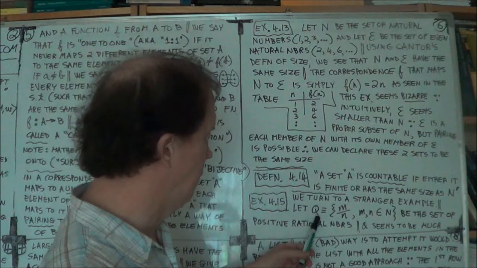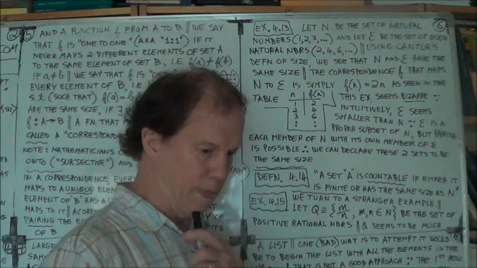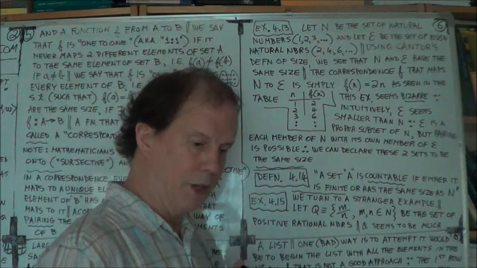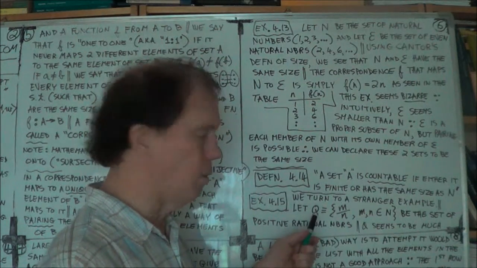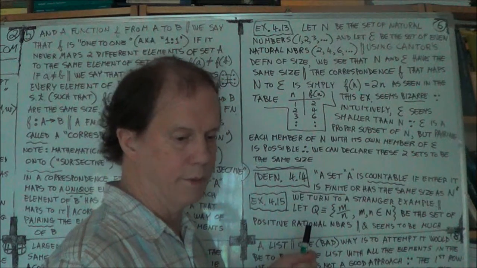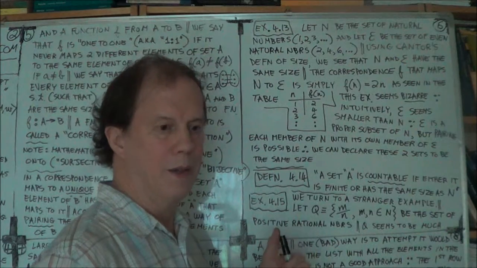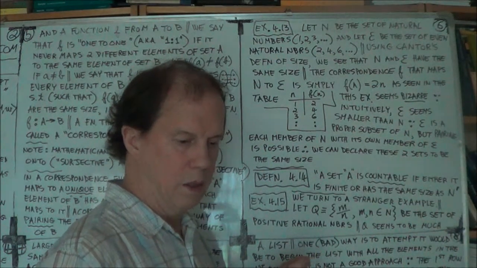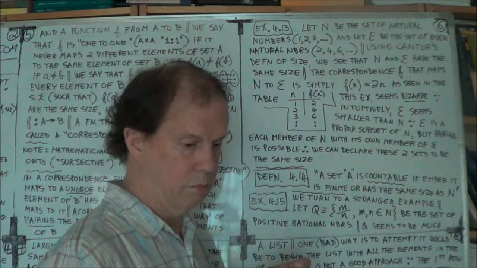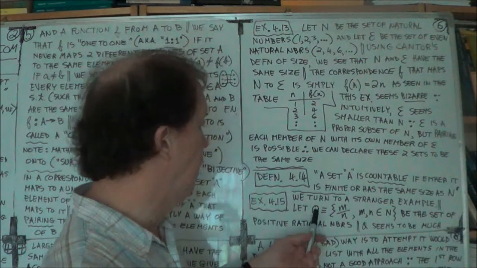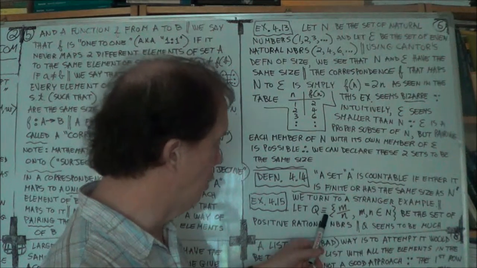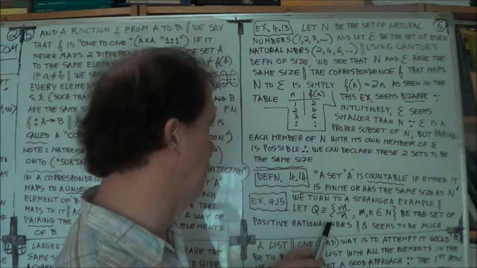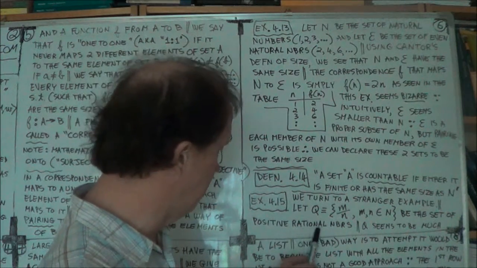Now, in pure math, the standard symbol for the set of rational numbers is capital Q. The set of integers is capital Z. The set of natural numbers is capital N. They're the main ones, I think. Okay, so by definition, three bars here, the set of positive rational numbers.